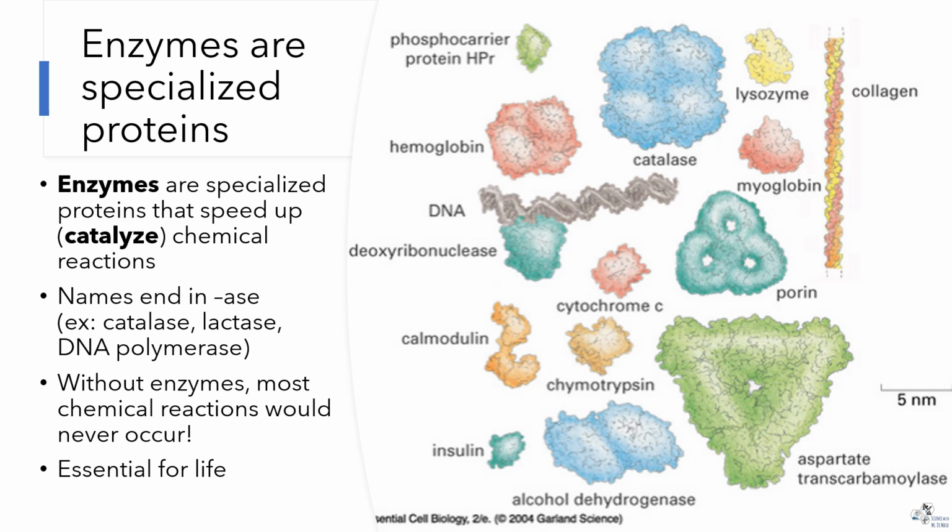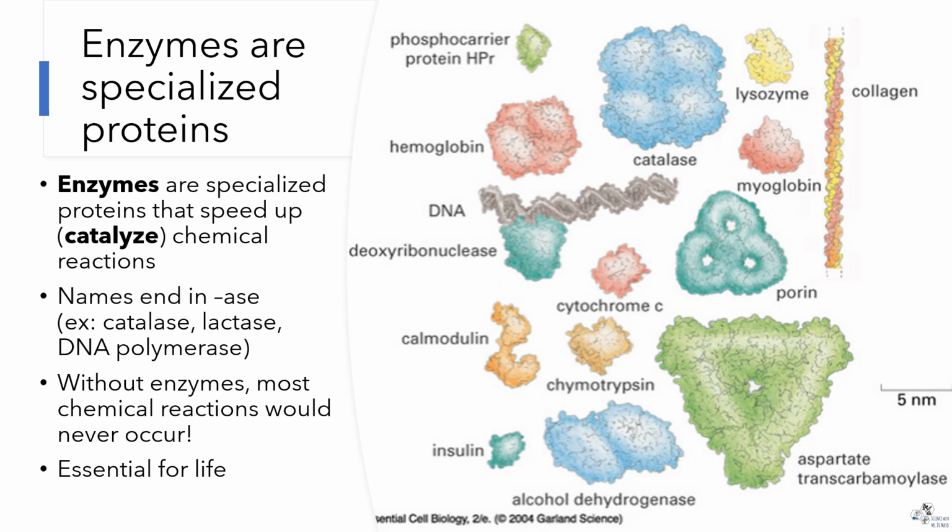And that role is to speed up, or we use the word catalyze, chemical reactions. So they are going to make chemical reactions happen faster in the cell. They often have names that end in ASE, like catalase, lipase, polymerase, all of these different words.